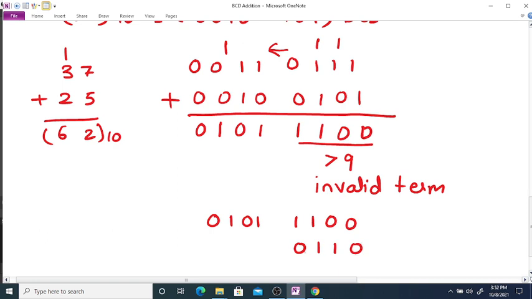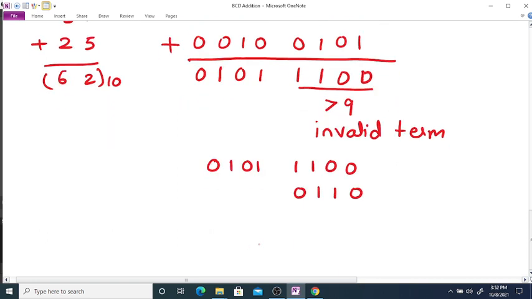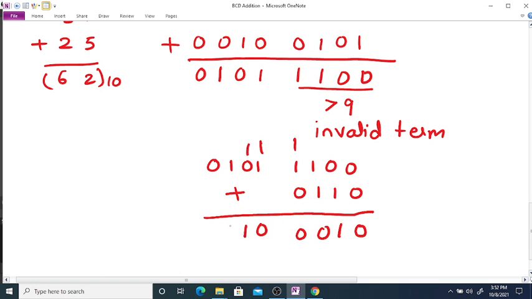Now after addition we will get 0 plus 0 will be 0, 0 plus 1 will be 1, and so on.